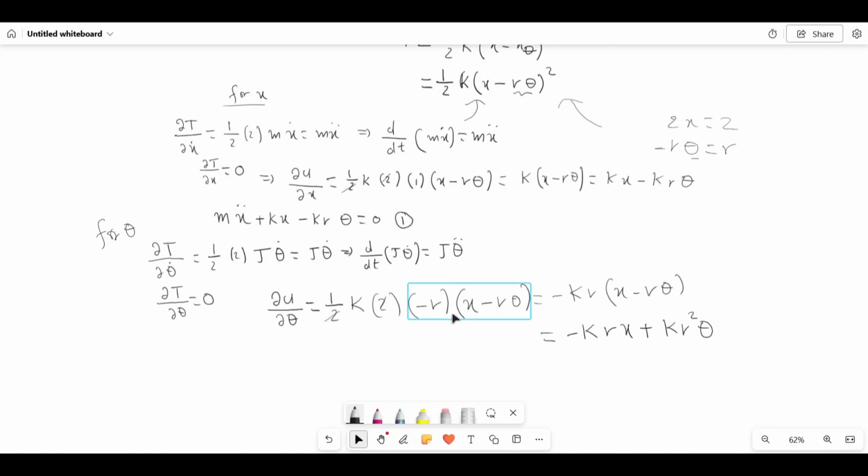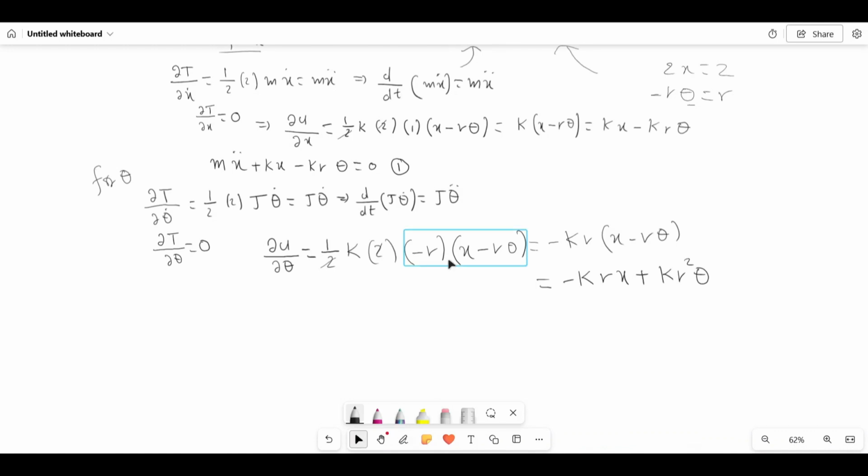So now if we have to write equation 2, equation 2 will be simply j theta dot dot plus k r square theta minus k r x, and this is equal to 0.